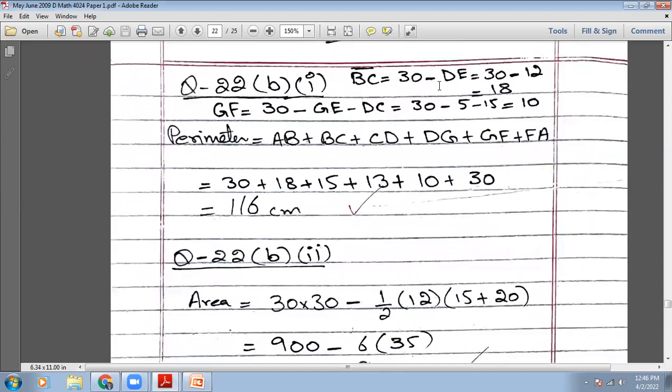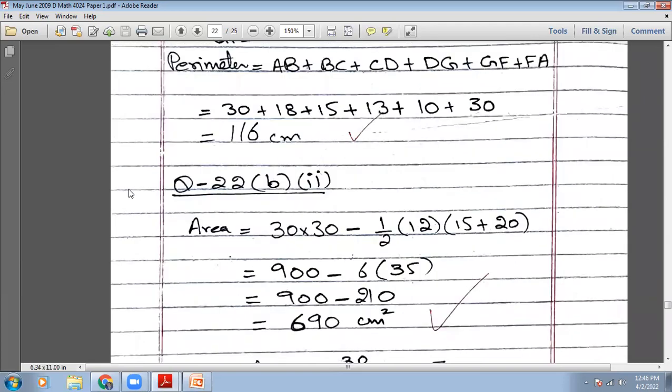So the BC will be 30 minus DE, 30 minus 12, which is 18. GF will be 30 minus GE minus DC, so 30 minus 5 minus 15, so GF will be 10. The perimeter will be AB plus BC plus CD plus DG plus GF plus FA. So 30 plus 18 plus 15 plus 13 plus 10 plus 30, and that will be 116 centimeter.